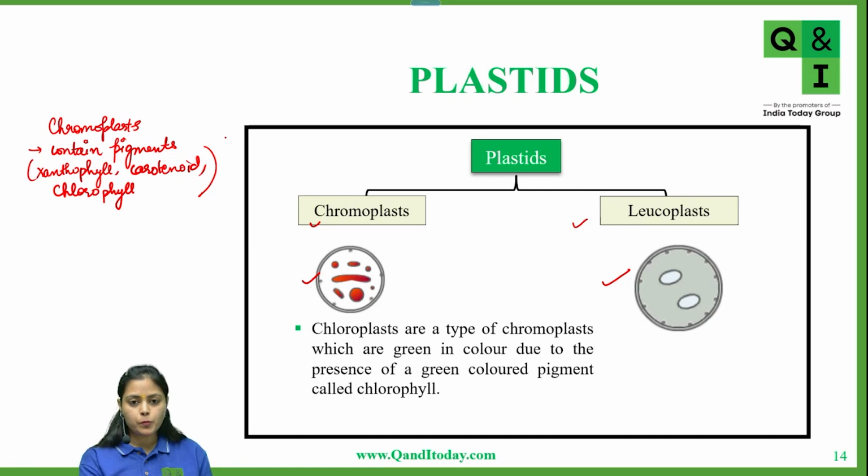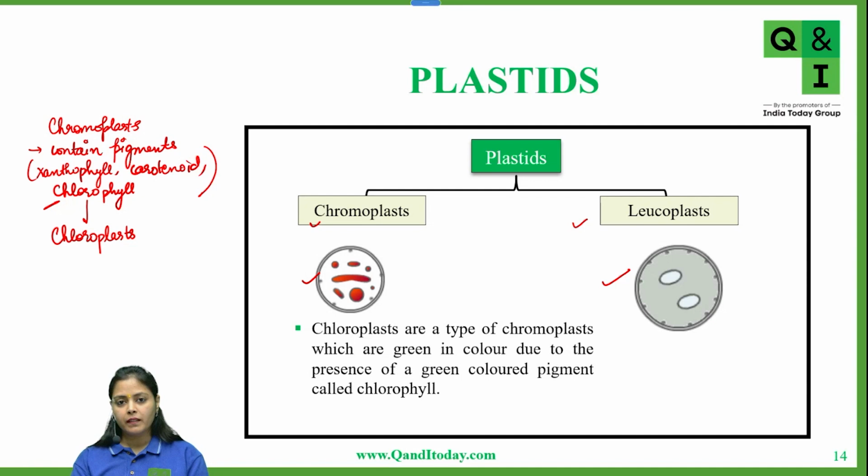Out of these pigments, the chromoplasts which contain chlorophyll pigment are called chloroplasts. So chloroplasts are basically a type of chromoplast which have chlorophyll pigment present in them.